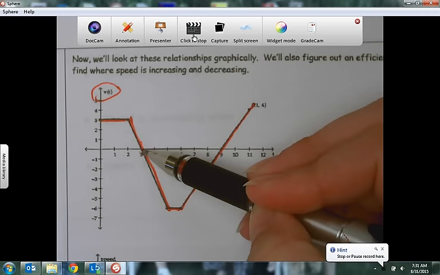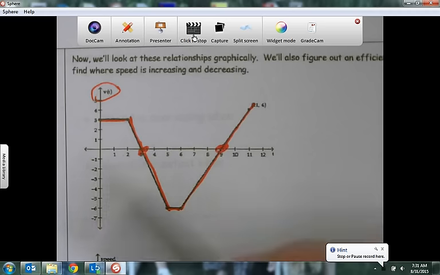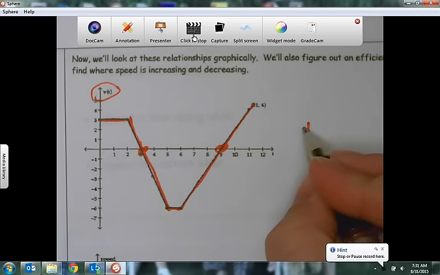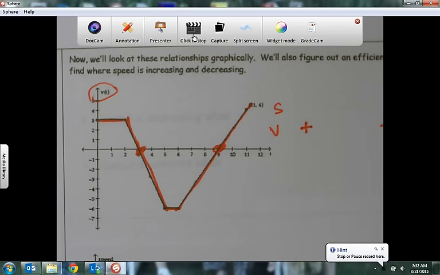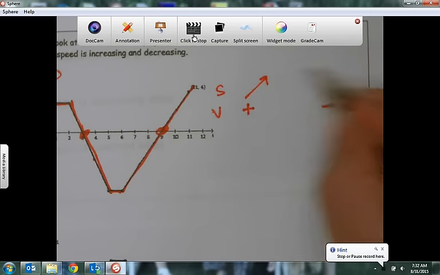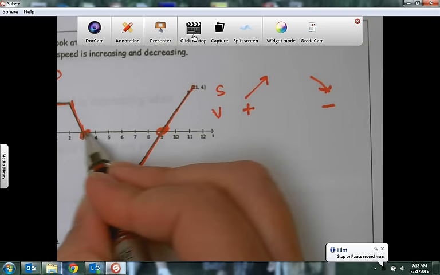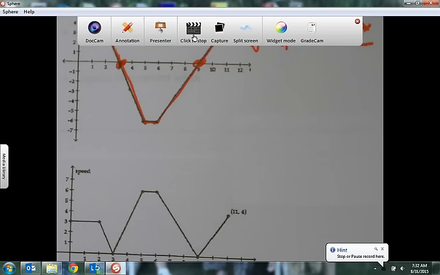So here I can see some points where velocity went from positive to negative. If velocity goes from positive to negative, then the position function will have to go from increasing to decreasing at that point. So that point's going to be a relative max, which we'll talk about in chapter 3.